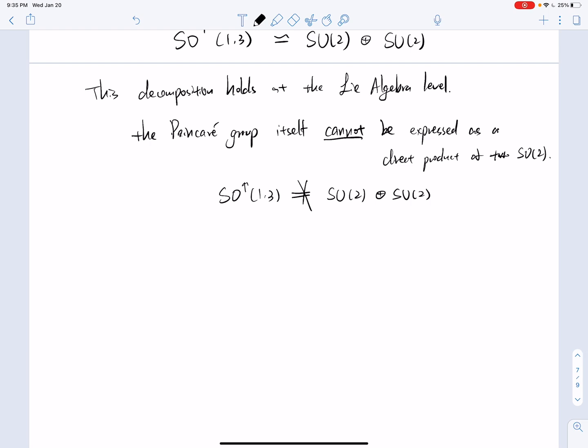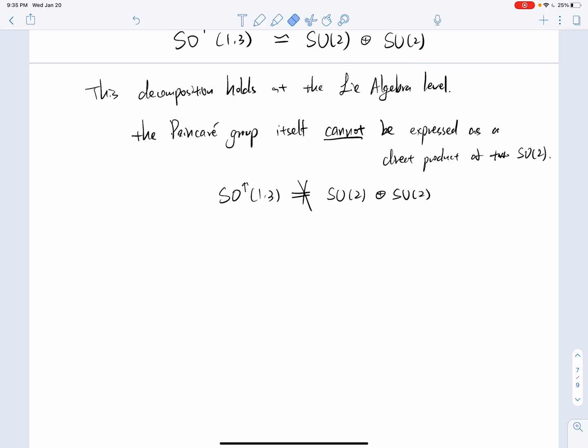Nevertheless, it's a good thing because we can now construct all the representations of our Poincare group from the representations of SU(2), which we're familiar with from our study of spin quantum numbers.